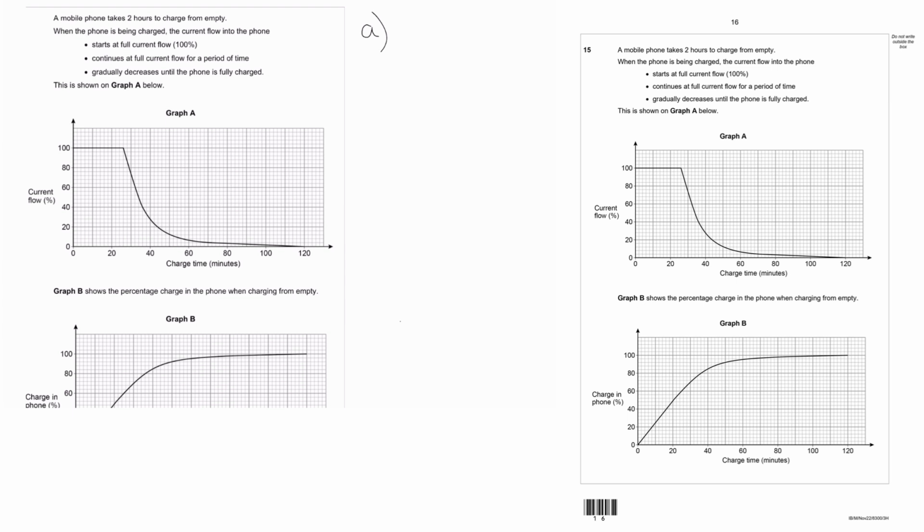So we can see here that this point here is where the current flow is starting to decrease. So if we just take this down, we can see that this is about 26 minutes.